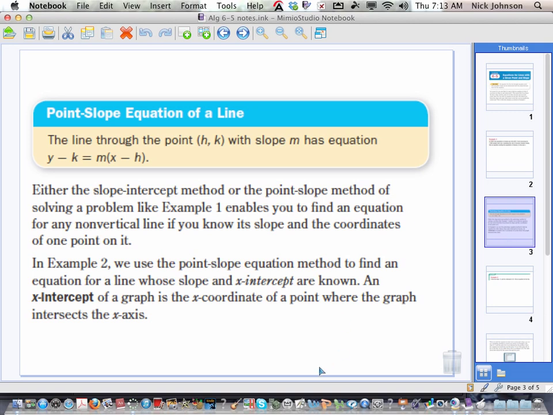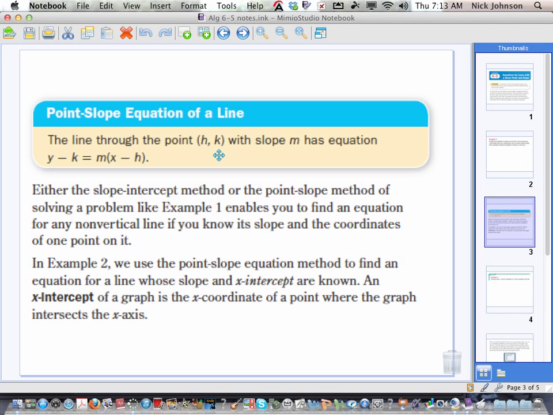There's an easier way to find your equation of a line through point-slope form. Now, Mr. Johnson does not call this H and K. He calls it X1, Y1. Okay?